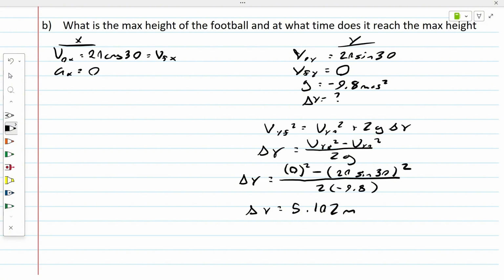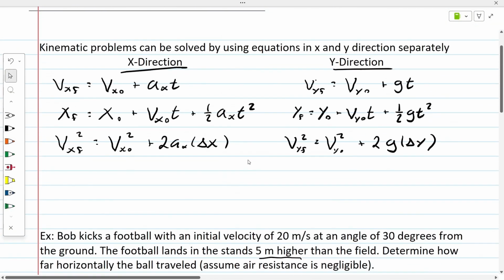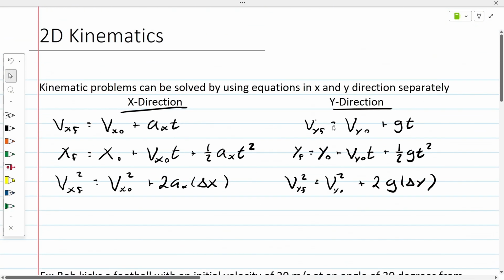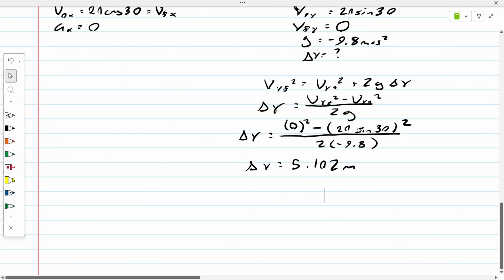And so, okay, what is the time? Now that we have all this information, we see that this first equation is pretty simple. We have final, we have initial, we have gravity. We can easily solve for time there.